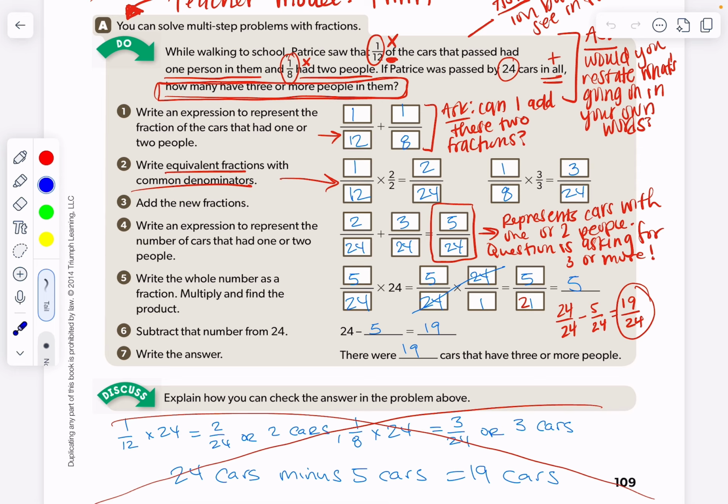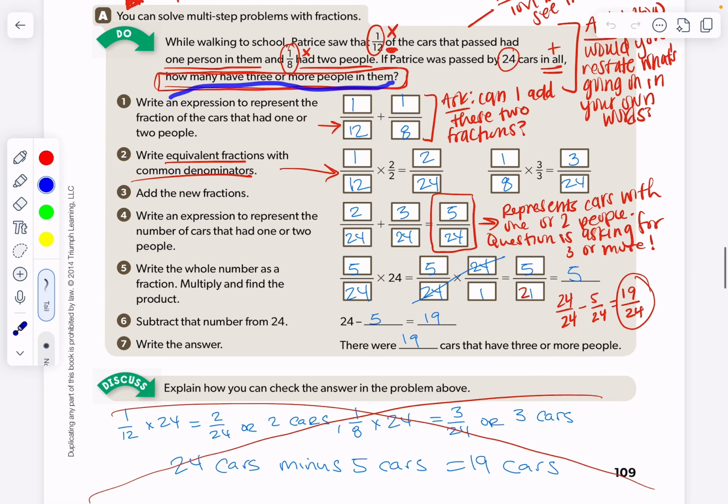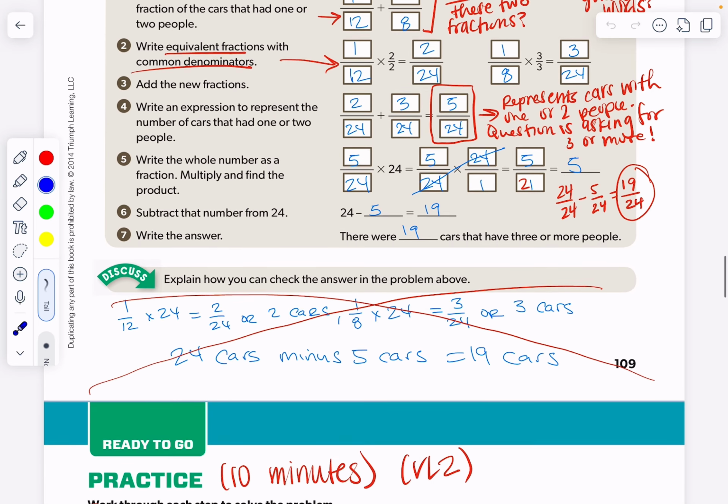And if we know that there's a total of 24 cars and 5 cars had 1 to 2 people in them, then that means that 24 minus 5 is 19. 19 cars had 3 or more people in them, okay? Because that's the question that the word problem was asking us.